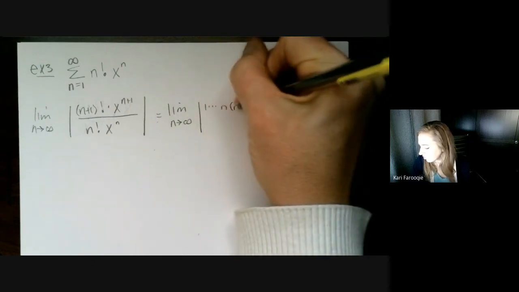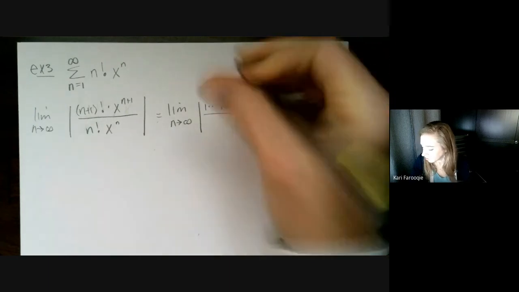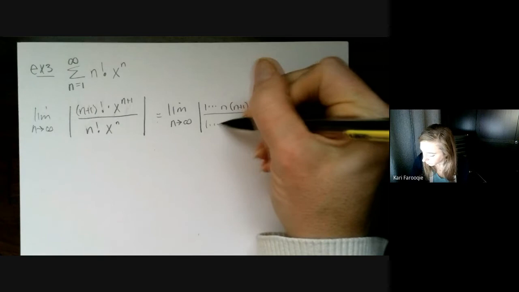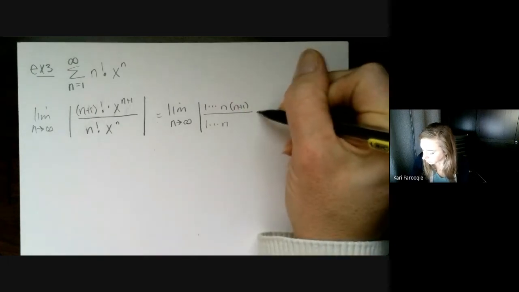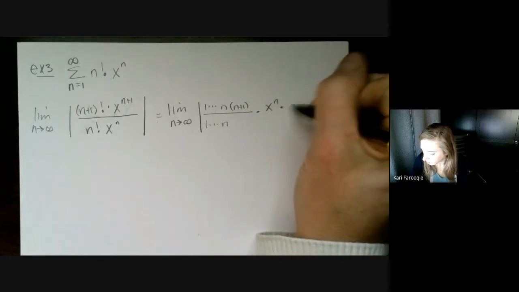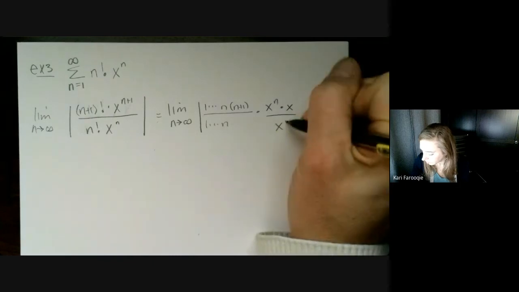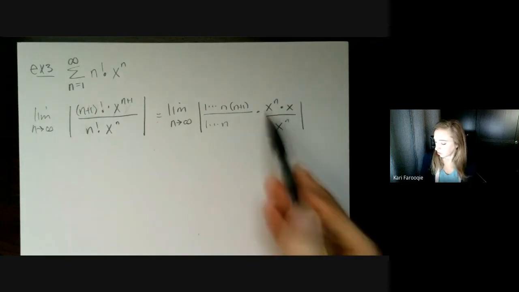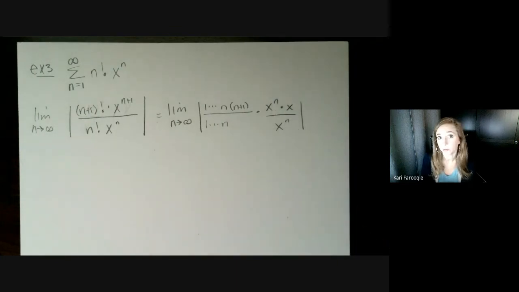I'll write it one more time. N plus 1 factorial is going to look like that, and n factorial is going to look like this, and then times x to the n times x divided by x to the n. So we're splitting up this expression here using that exponent rule.